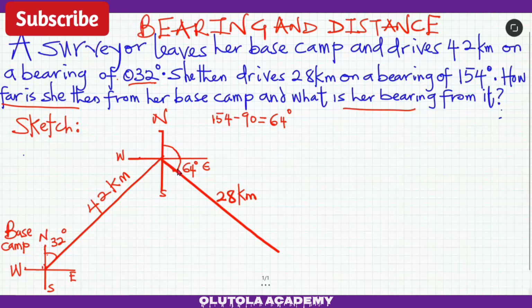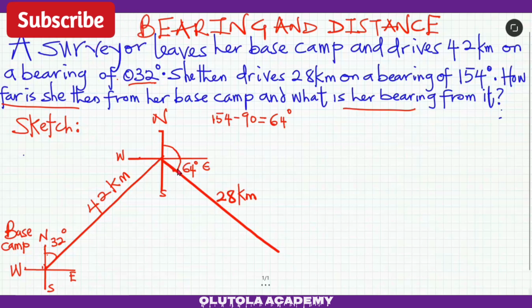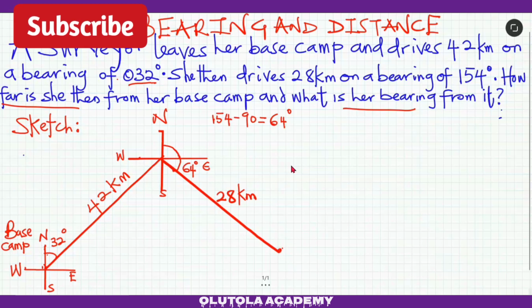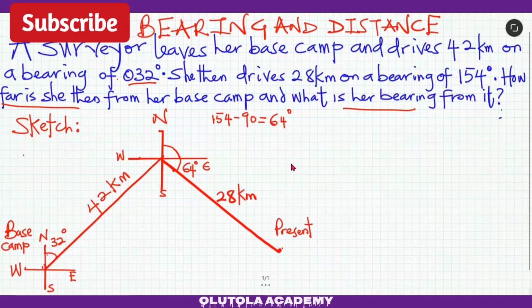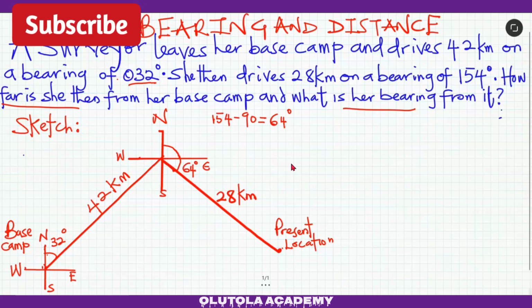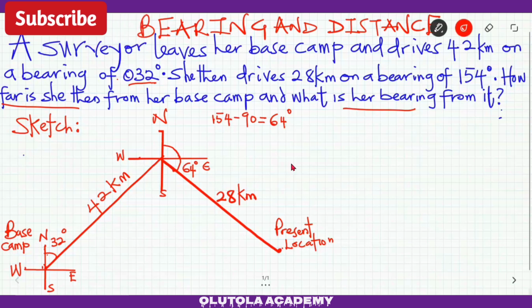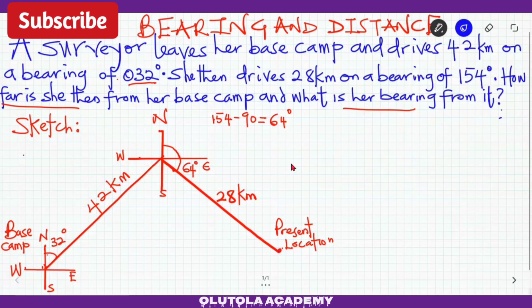So the question now is how far is she from our base camp? Of course, she will be somewhere at this point now. Let me call this the present location. This is where she is presently, and we are to find the distance from the starting point, from the base camp.